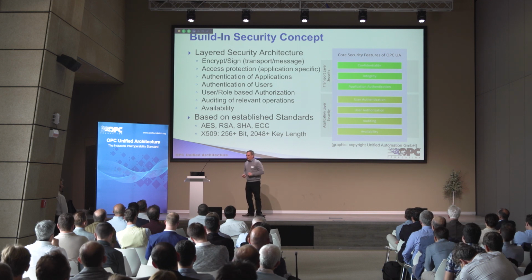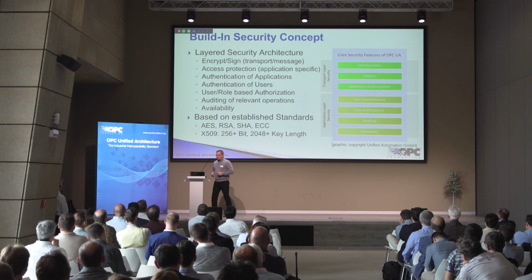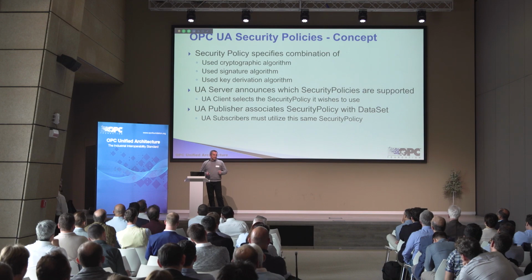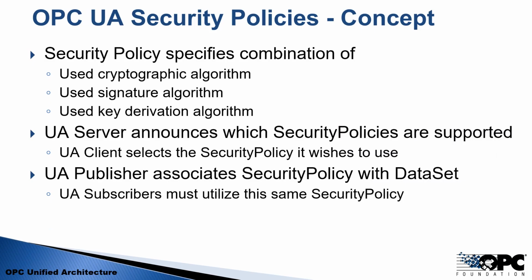And we also describe this with a profile. This is called the security policy. The security policy is a combination of the cryptographic algorithm that is used for this security profile, the signature algorithm, which can be different from the one used for the encryption, and the key derivation algorithm. These three pieces of information are combined in the security policy.